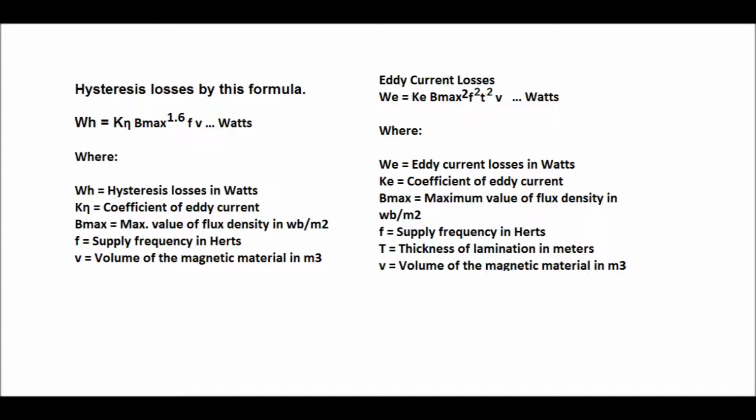So we can see that both the hysteresis loss and eddy current loss are directly dependent on the flux of the core. If the flux in the core increases, then hysteresis loss and eddy current loss will increase, and therefore it will result in heating of the transformer.